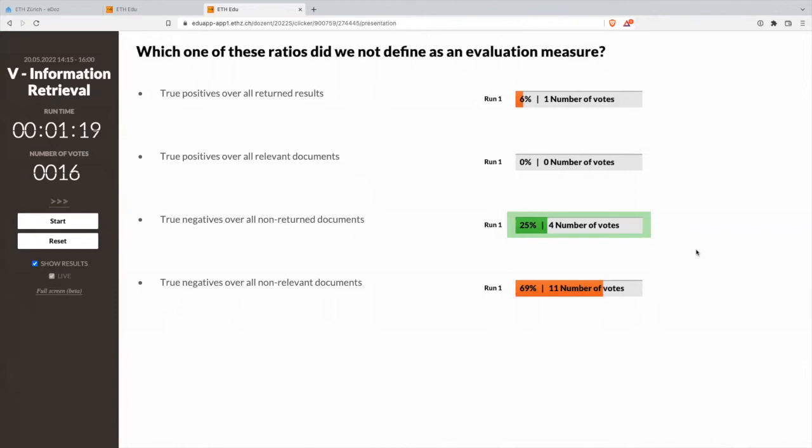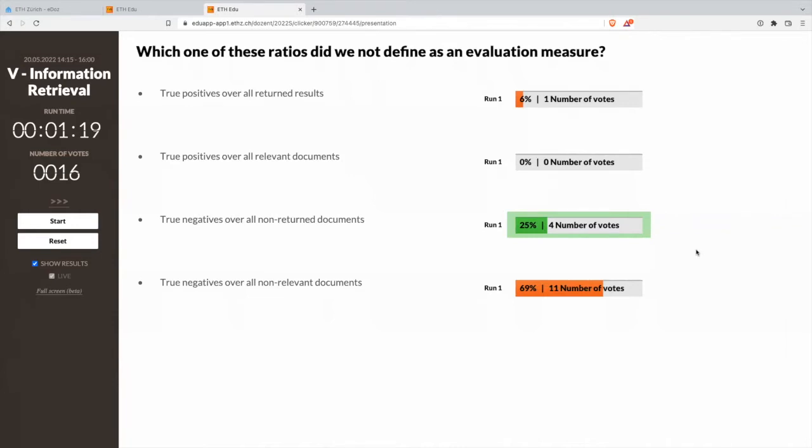Specificity is the fourth one, right? It's the true negatives over all non-relevant documents. What is the true positives over the returned results? It's totally fine to give a wrong answer. You can give as many as you want with me. We are here to learn. Precision, yes, exactly. True positives over all returned results is the precision.